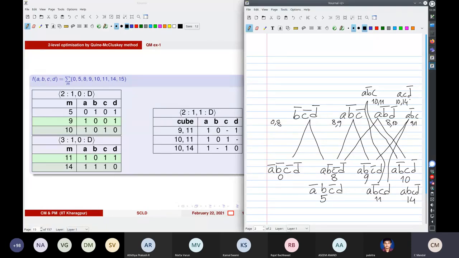So let us just see. Have I written 11 correctly? Yeah, it's 14. So I'm combining A, C, D bar.